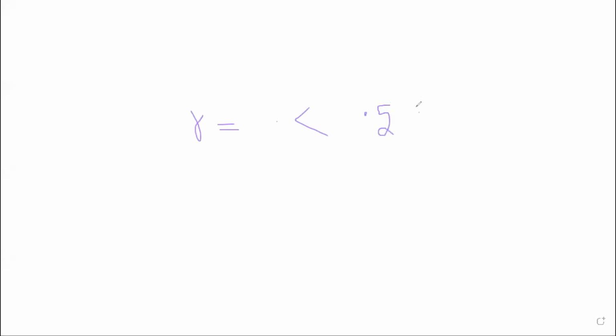If R is between 0.5 and 0.6, we can say our two variables are moderately interrelated.